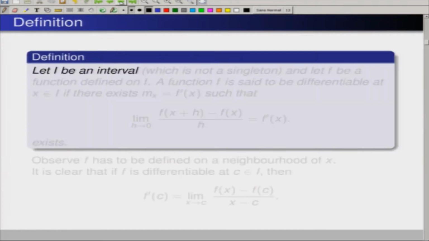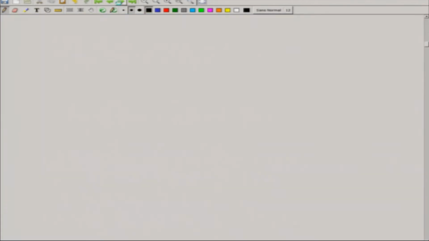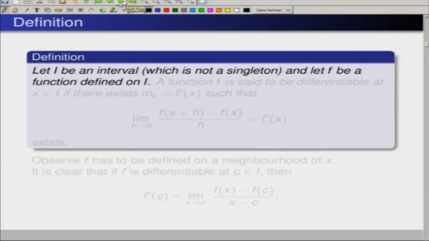So, this now suggests to us how to define when a function is differentiable. Let I be an interval which is not a singleton, which can be closed, open, infinite, half closed, half open, anything, but not a singleton.